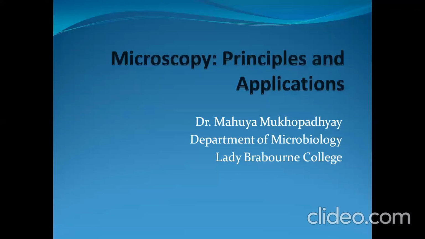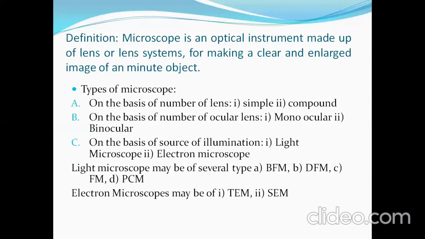Okay, so today the topic of my discussion is microscopy, the principles and applications. I will deal mainly with the basics of different types of microscopy and their applications in the biological field. So let's start with the definition.